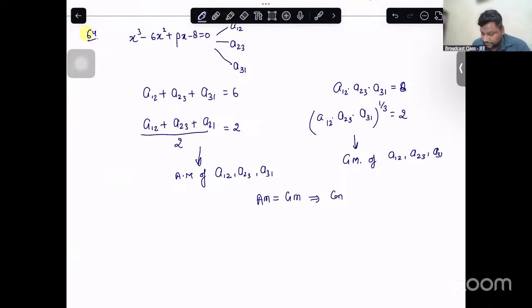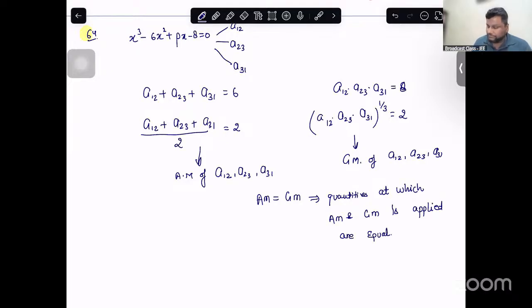And whenever arithmetic mean is equal to geometric mean, that means the quantities at which AM and GM are applied are equal. Am I correct?